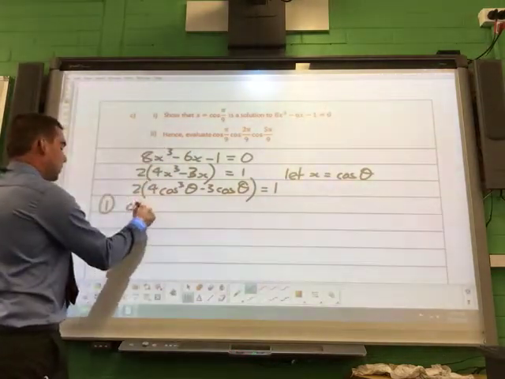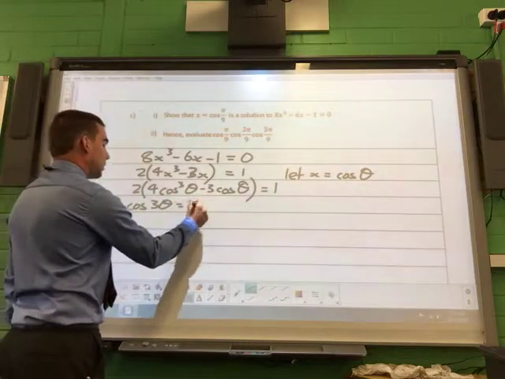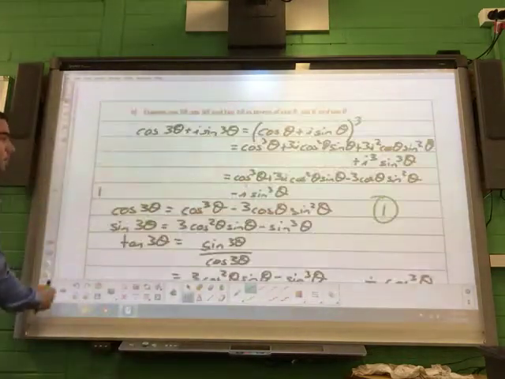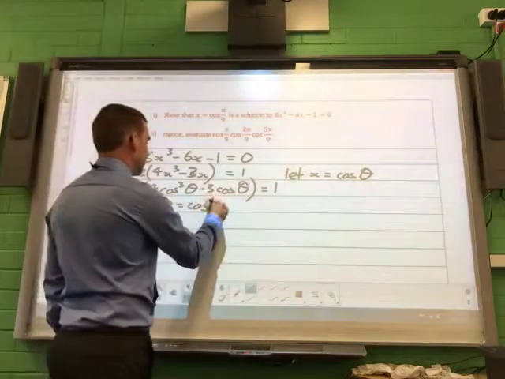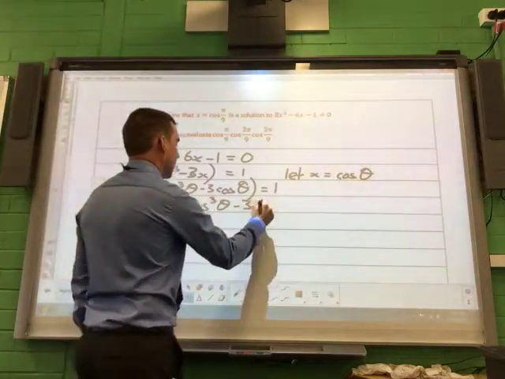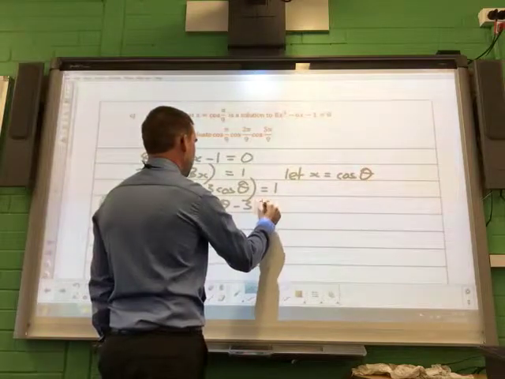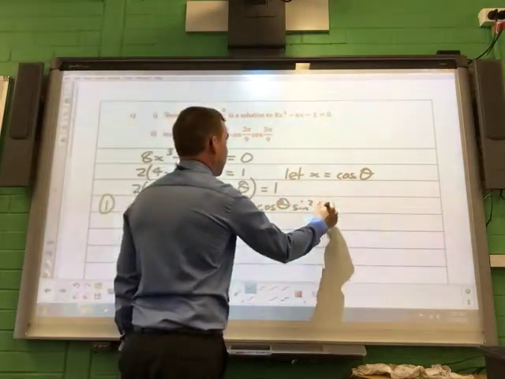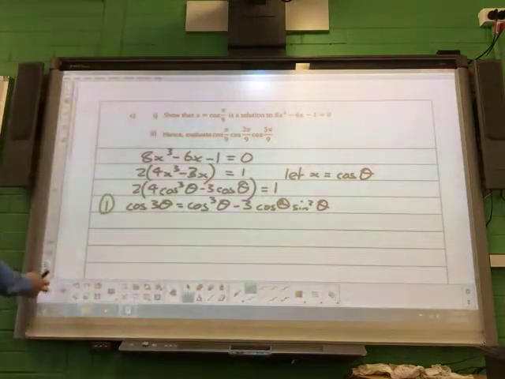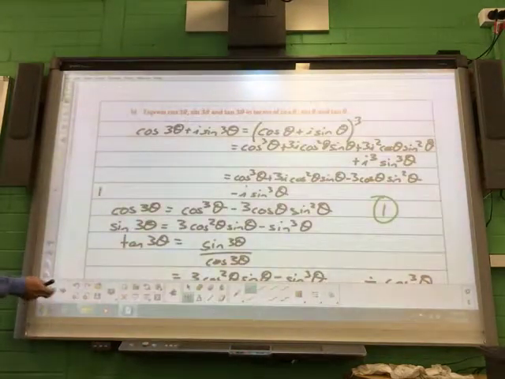So we have cos of 3 theta, which is cos cubed theta minus 3 cos theta sine squared theta on the previous page for the result of cos 3 theta.